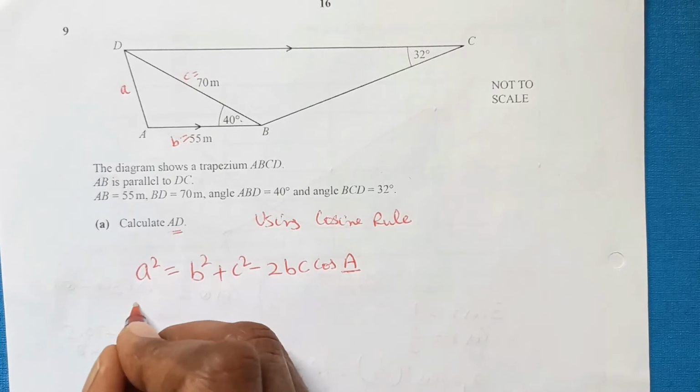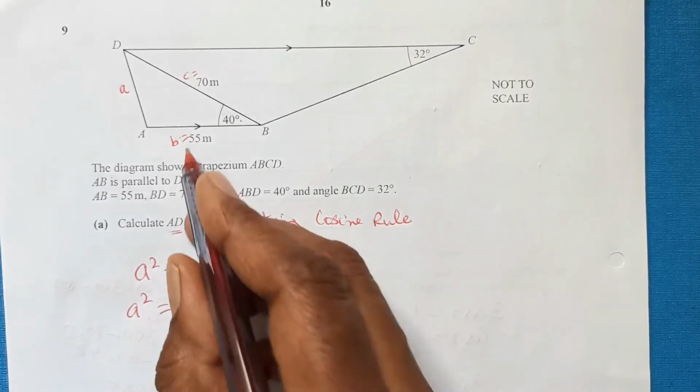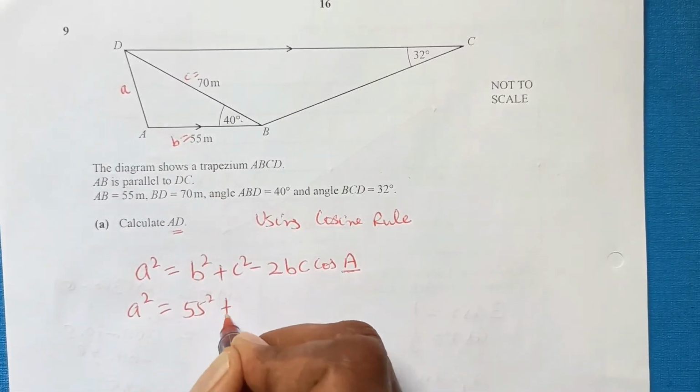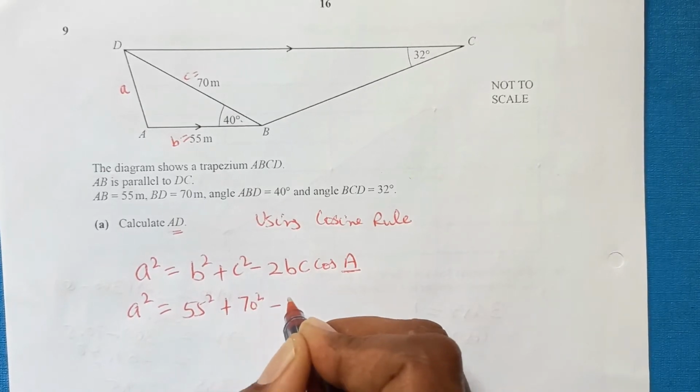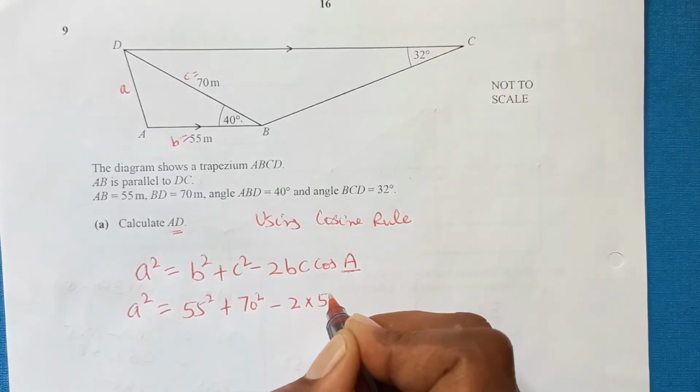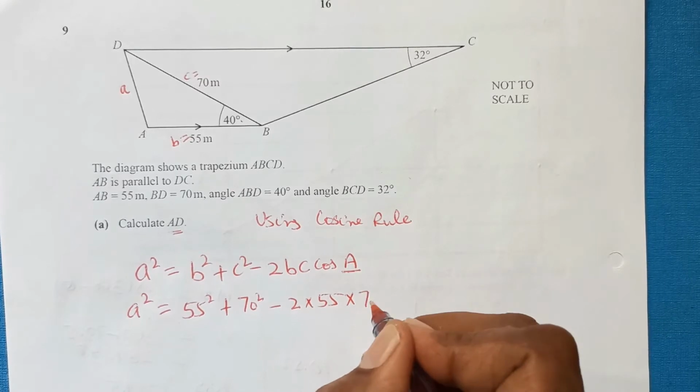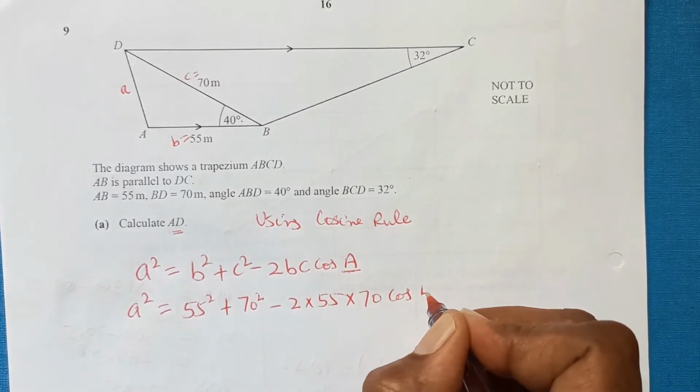So A squared is 55 squared plus 70 squared minus 2 times 55 times 70 and cos of 40 degrees.